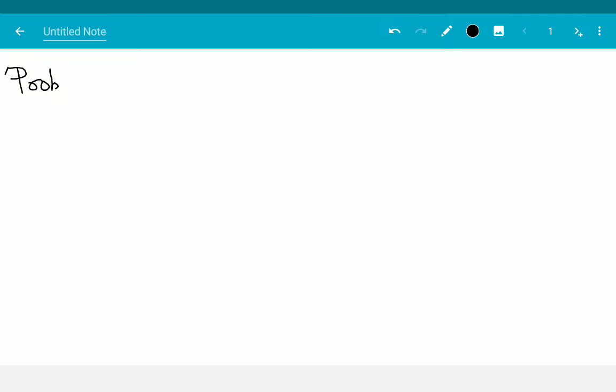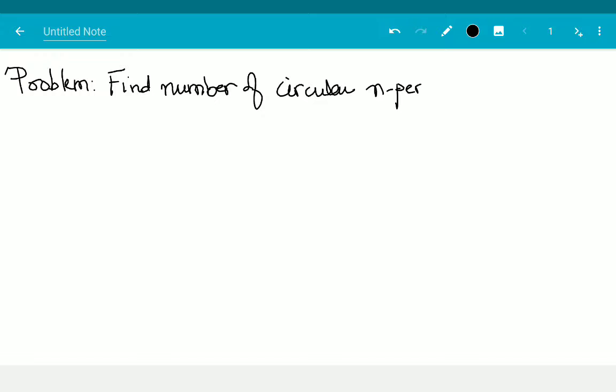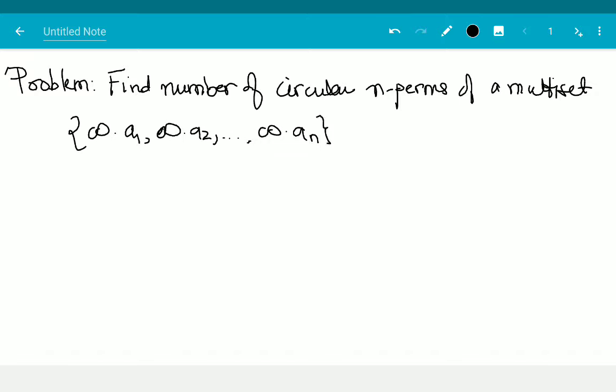Problem: find the number of circular n permutations of a multiset of k elements which will have infinite repetition, infinity times a1, infinity times a2, infinity times an.